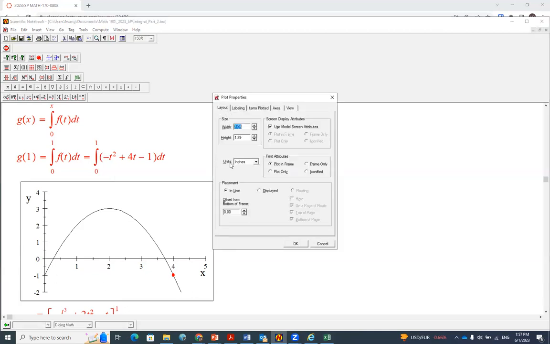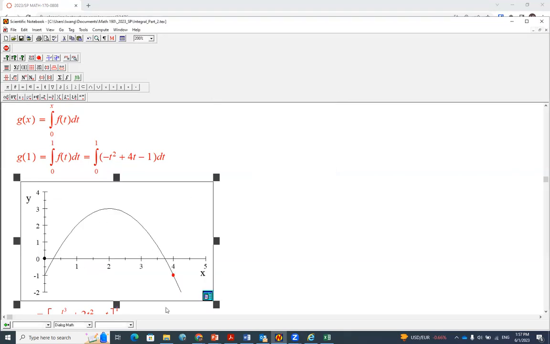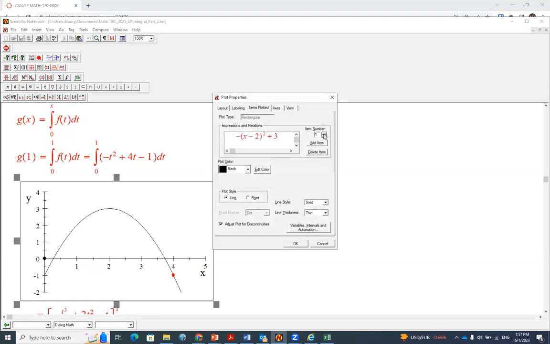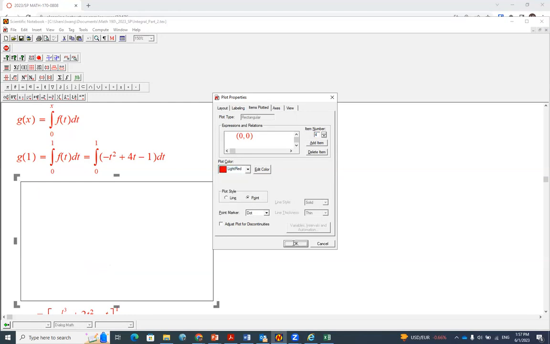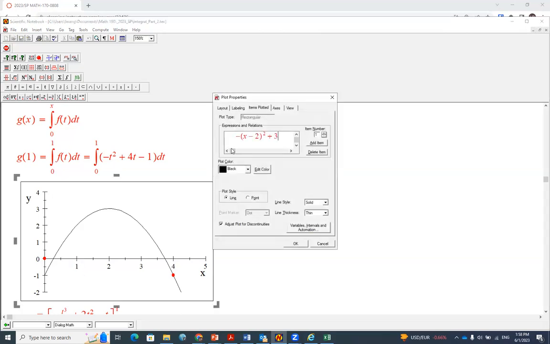So I'm going to mark 0, 0 as a red dot, and 1, 0 as another red dot.